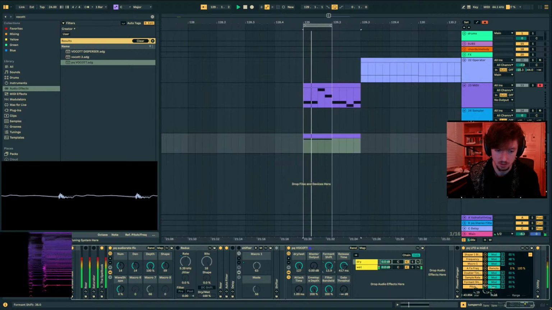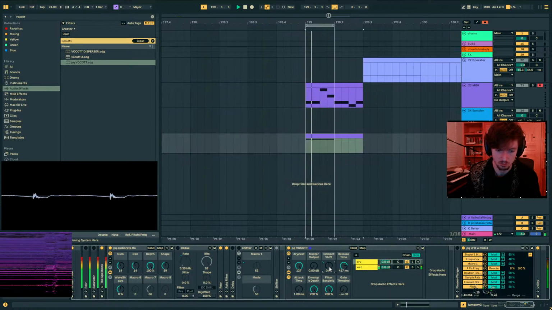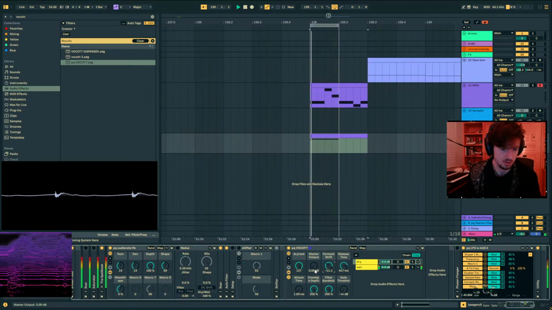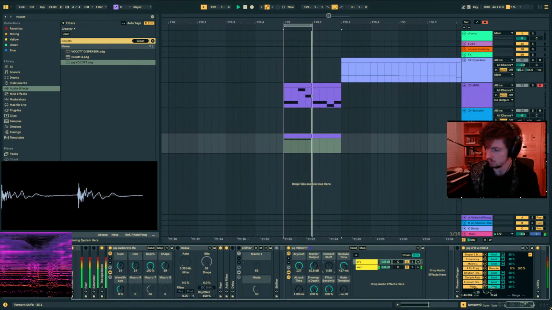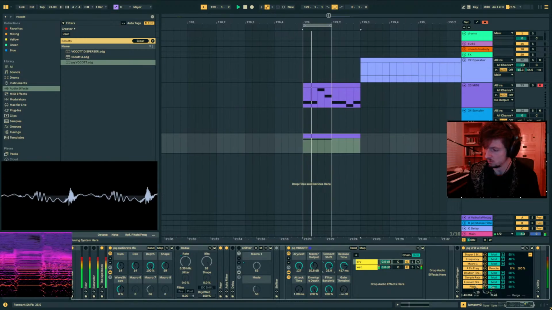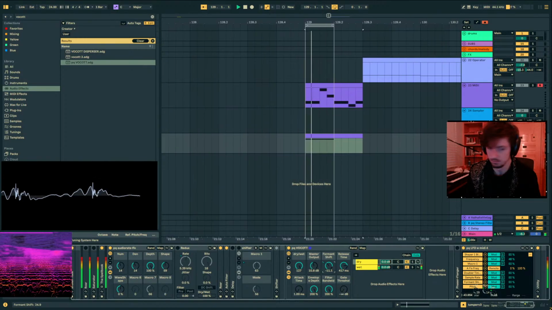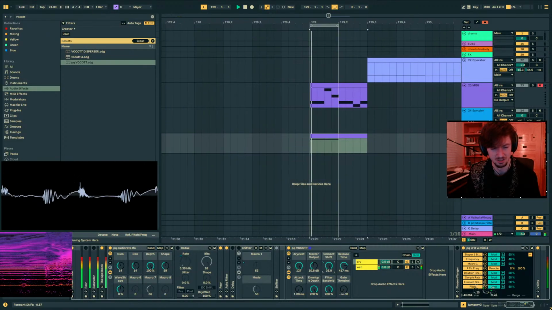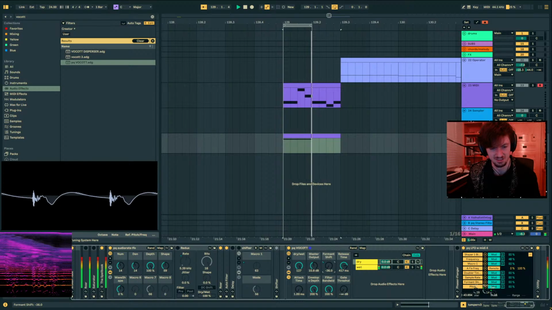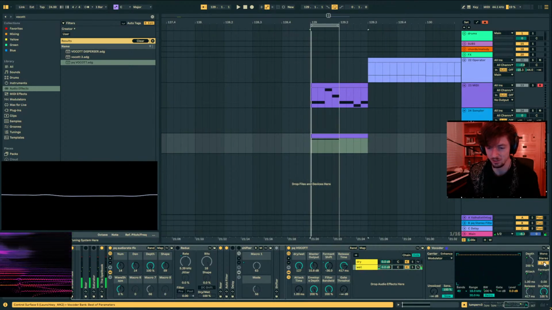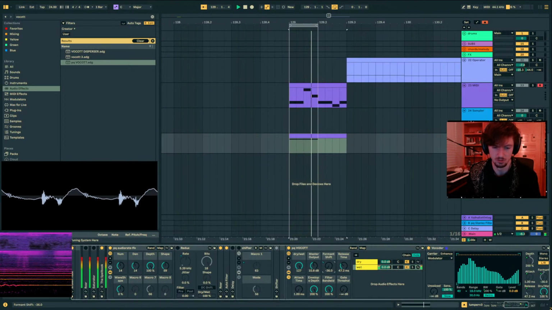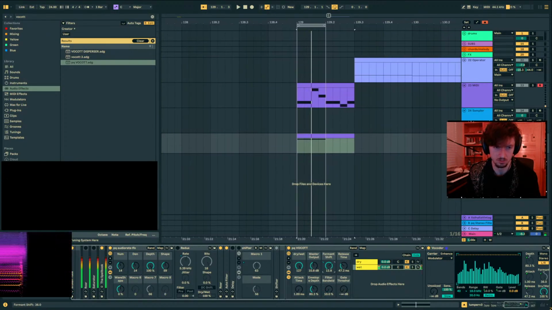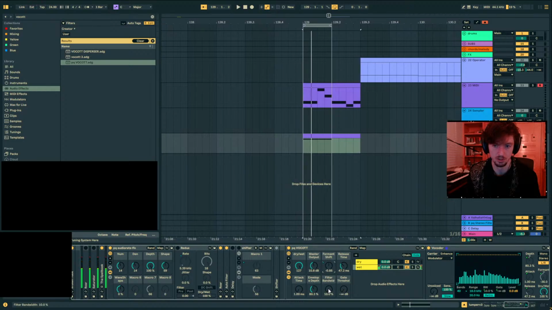Oh, the gate. Fuck. It did some really wide thing a second ago. It broke. I broke it.